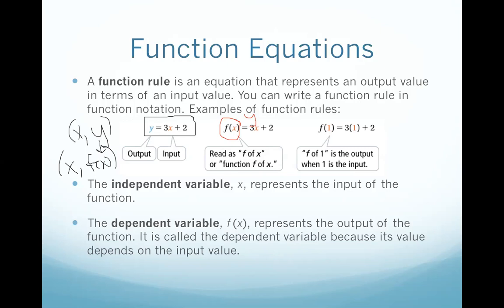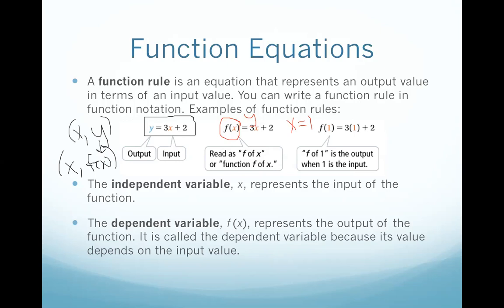The reason we like having rules for our functions is because then we can assign input values and get output values. In other words, we can find points for our function. If I said, let me have an input value of 1, the way we would say that is, let x equal 1.